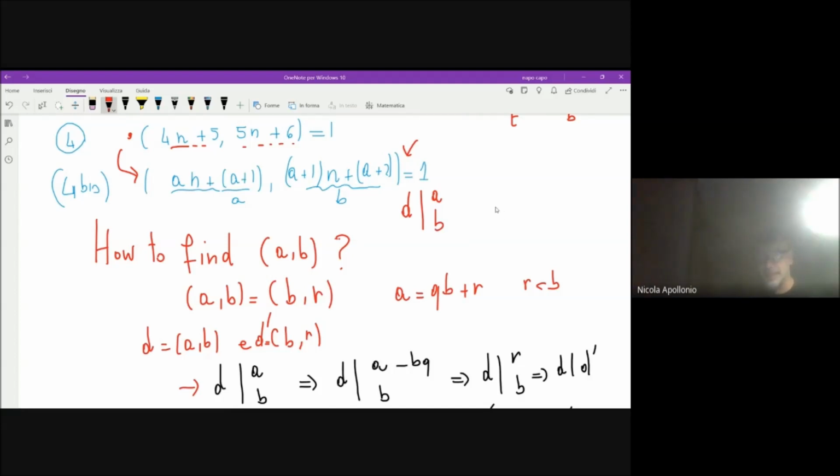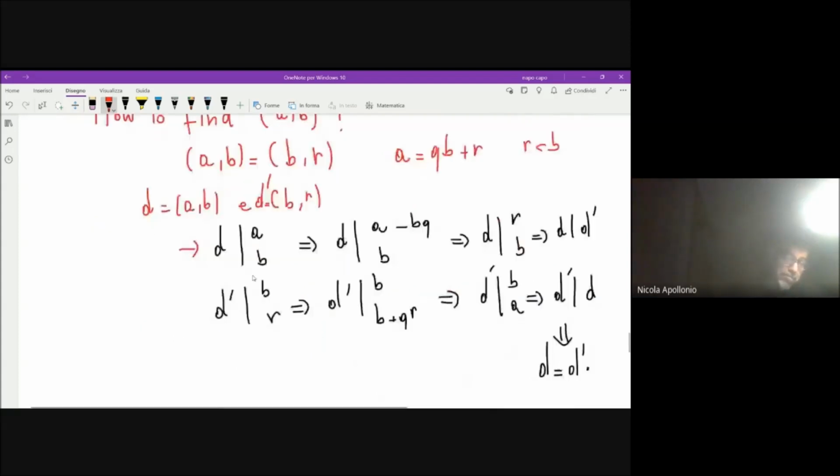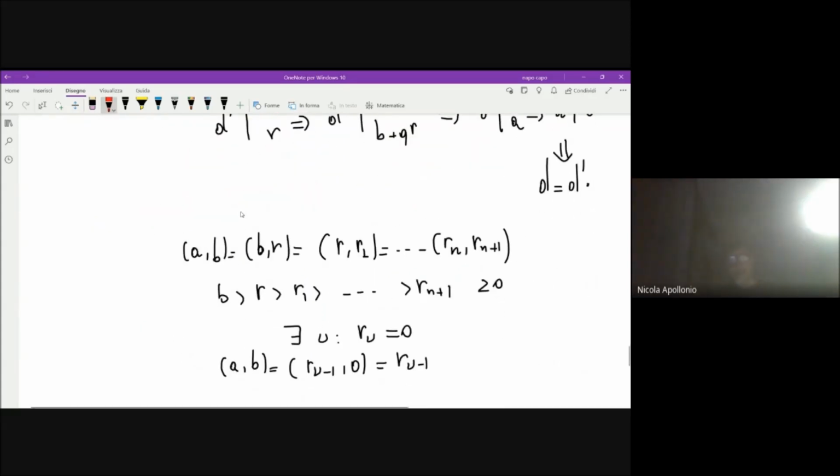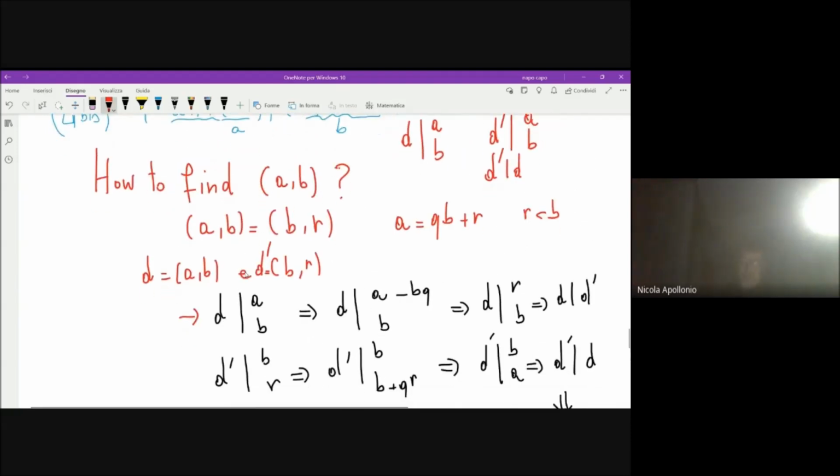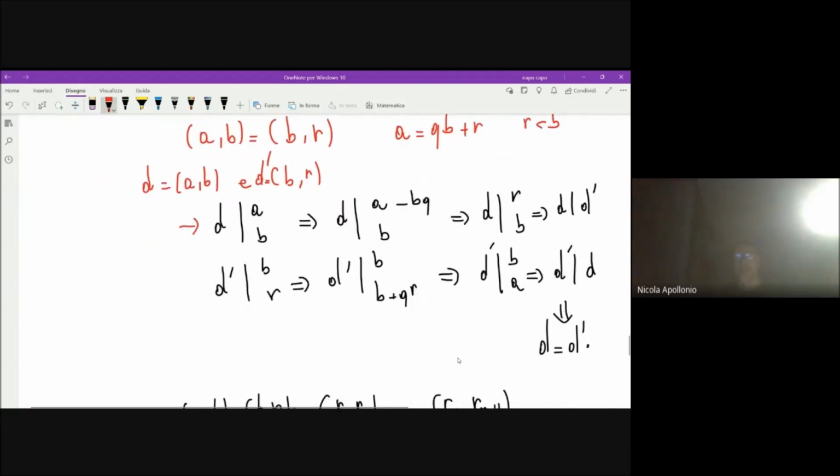That means that if D prime has the same property, that is, divides both A and B, D prime also divides D. So D is the largest one, in a sense, with respect to divisibility, and also because it's largest, of course.